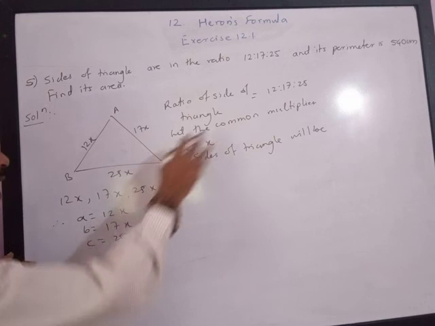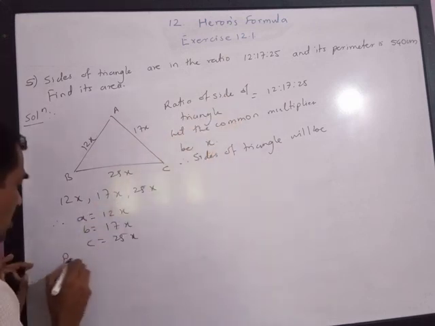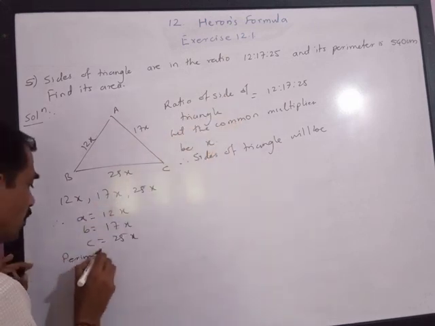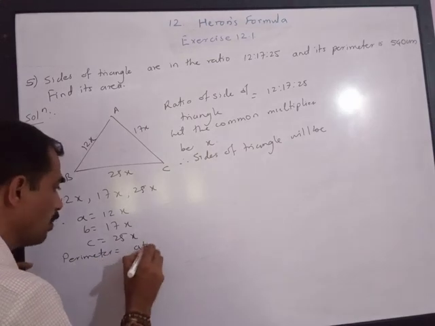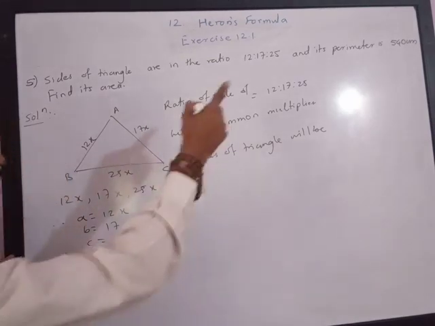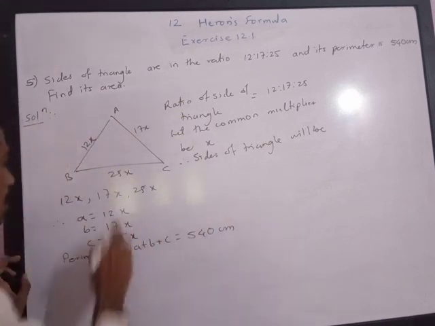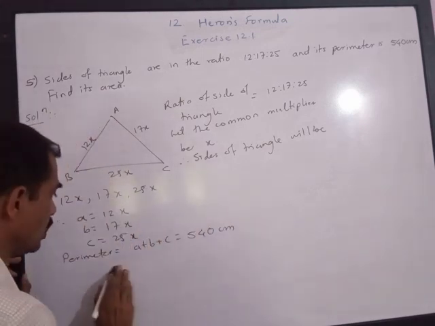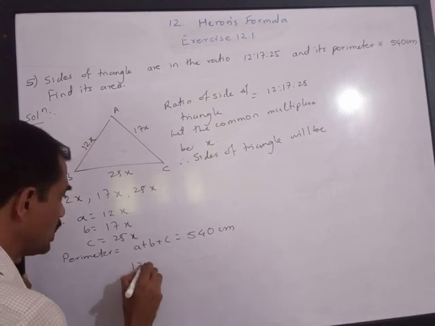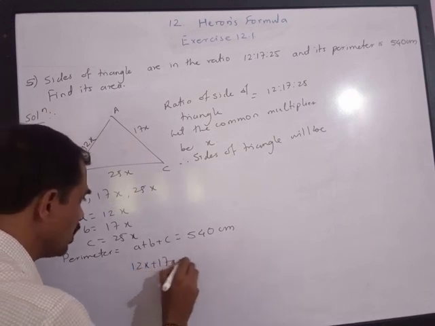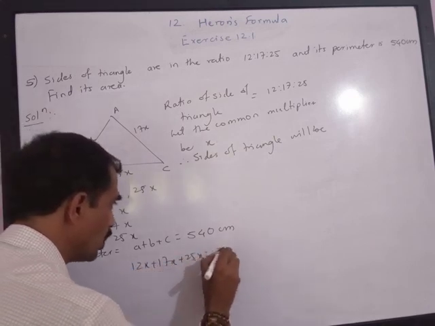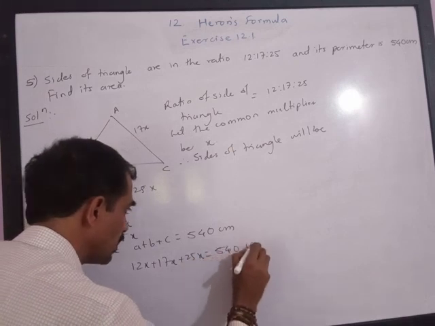Now, we are given the perimeter. Perimeter is equal to the sum of all sides. Perimeter is equal to a plus b plus c, that is equal to 540 centimeters. This is given to us. By putting the values, you will get 12x plus 17x plus 25x is equal to 540 centimeters.